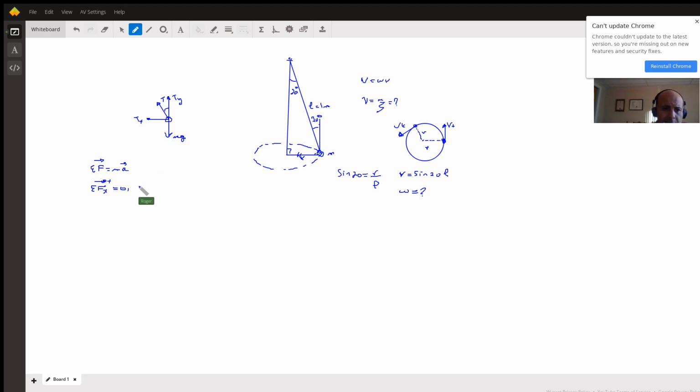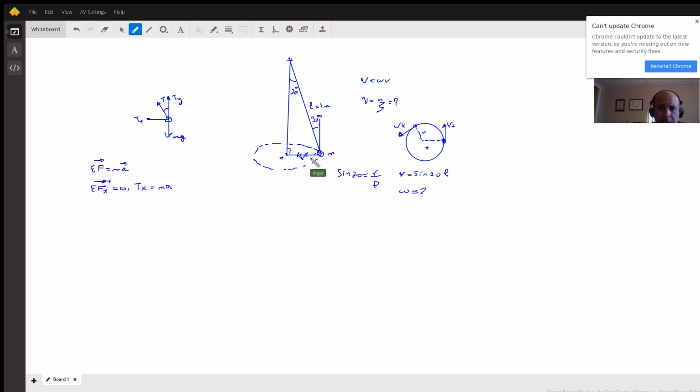So it's Tx equals mass times acceleration. Now, what acceleration are we talking about? If the force is acting this way, it's a centripetal force pulling toward the center of the circle. This is the origin O of the circle.